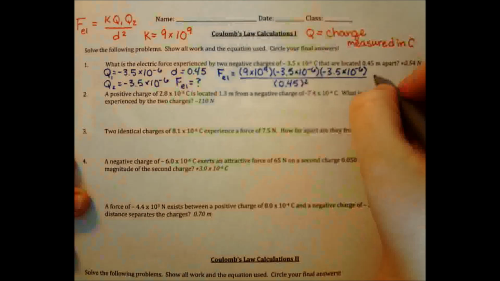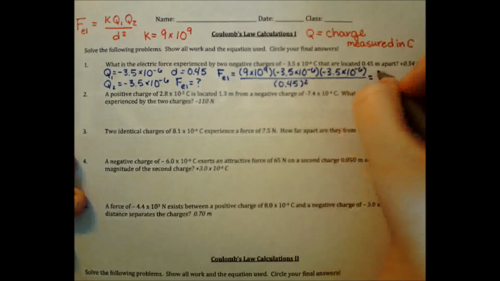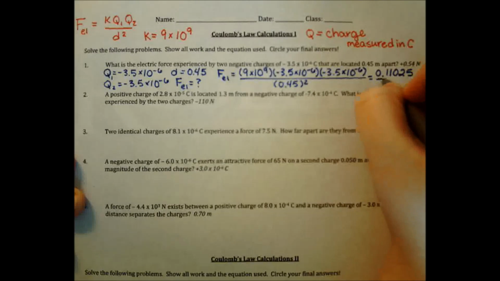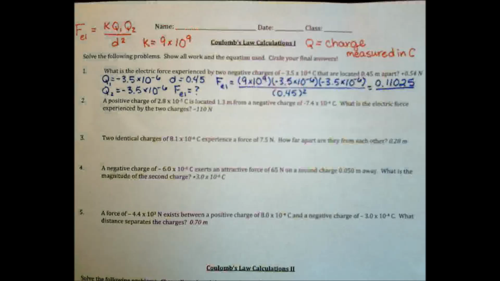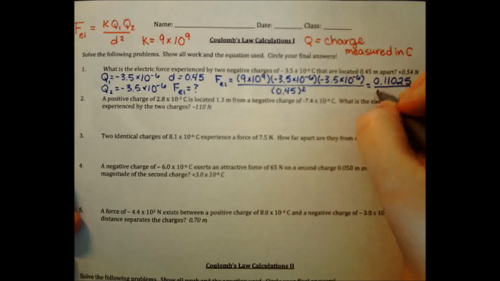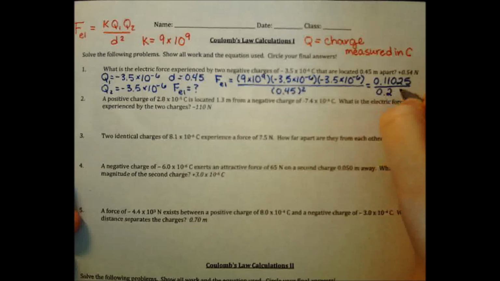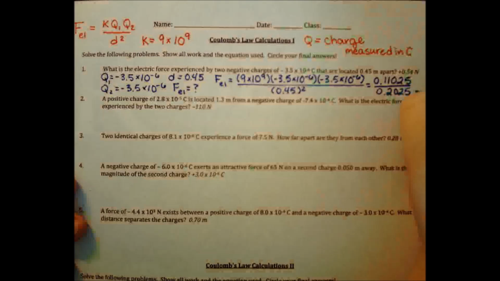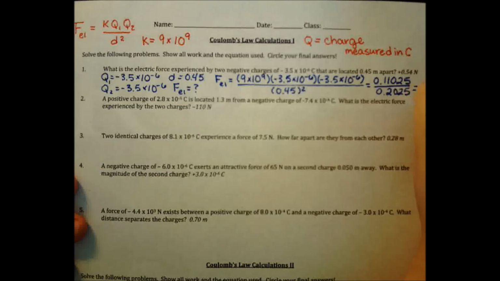So if you multiply this entire numerator, you get 0.11025, divided by 0.45 squared, which is 0.2025, and all of that comes out to 0.54.